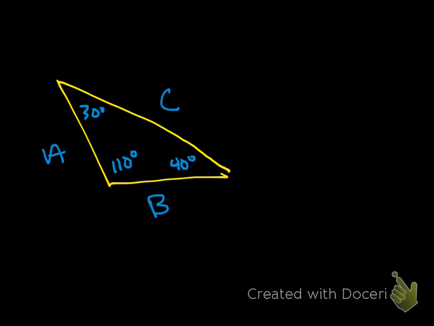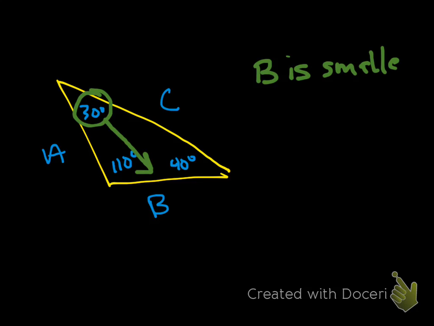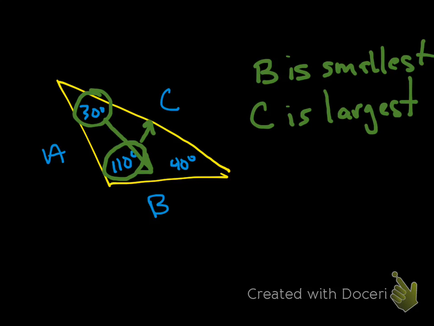Well, 30 is my smallest angle, and it's opposite side B. So B is the smallest. And then the largest angle, which is 110, is opposite my largest side. So C is the largest. So basically all it's saying is that the large angle corresponds with the large side and the small angle corresponds with the smaller side.